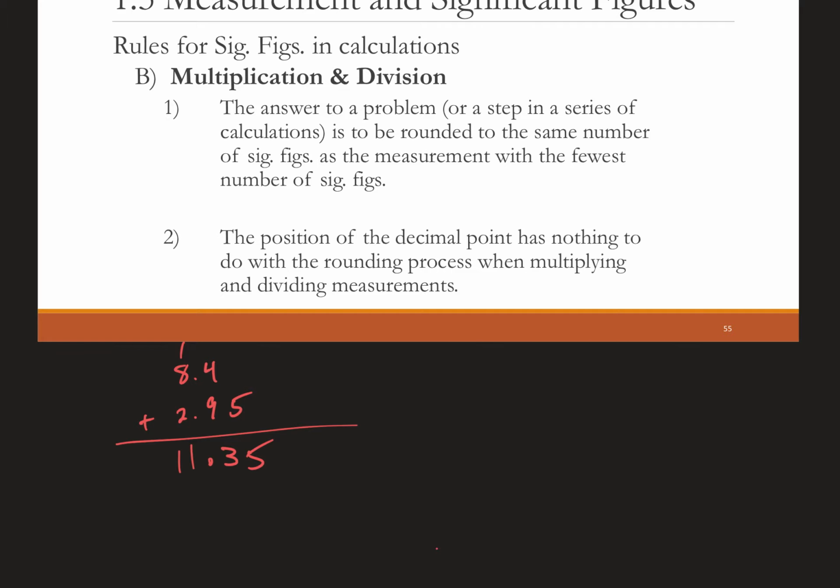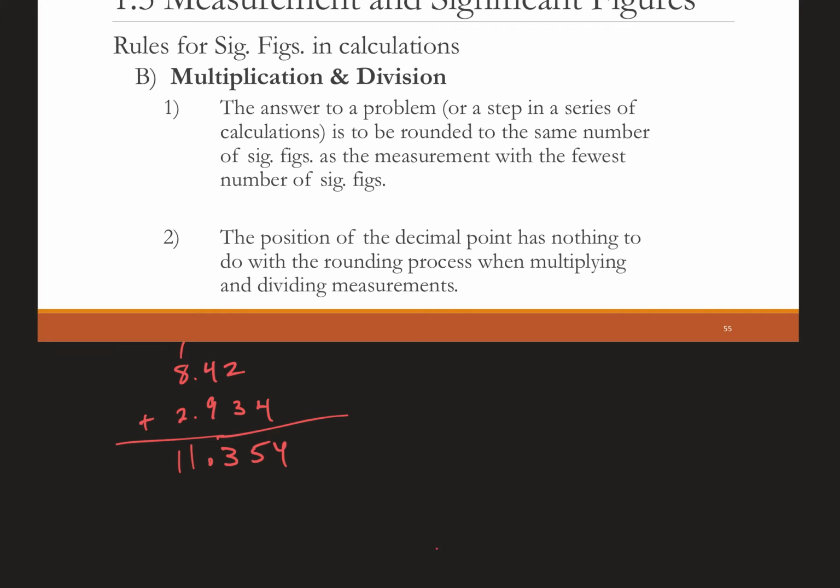Actually, let's just eliminate that. And no, we'll go one more. 2, 3, 4, something like that. All right, 4, 5, 3, 5. So there we go. So we have 8.42 plus 2.934.